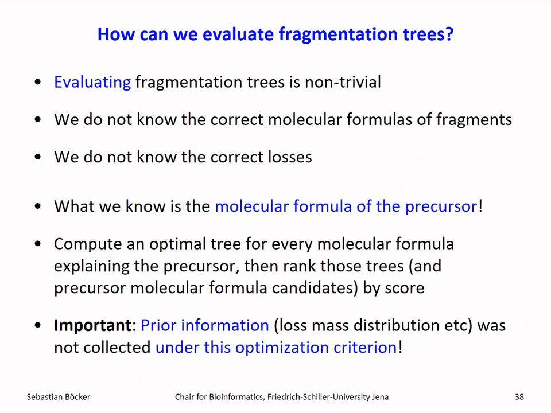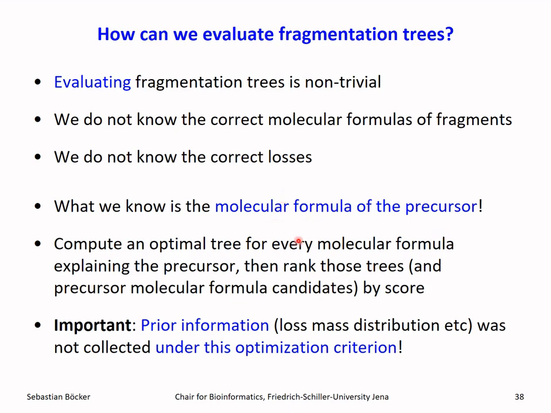But what we can do is rank trees and with that molecular formulas, and we do that on reference data. Our method doesn't know that this is reference data. Our method doesn't know what the correct solution is, obviously. Okay? And then we can see how often our method is capable of finding the correct molecular formula for the precursor.